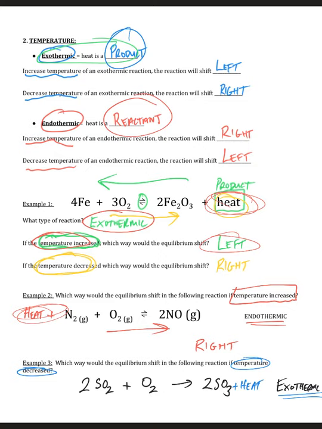And the way that the reaction is going to do that is by shifting right, shifting towards the heat. If a reaction's cold, it's going to shift towards the heat to make it warmer. If your body's cold, you're going to find ways to make it warmer. Same concept. So in this reaction, if temperature were decreased, it would shift to the right or towards the products.